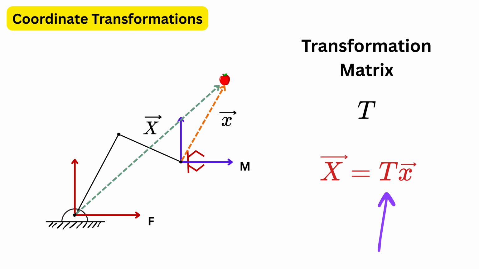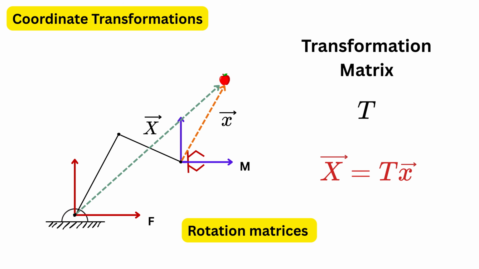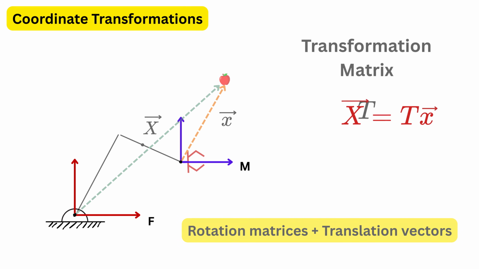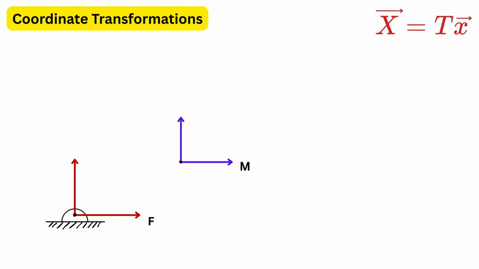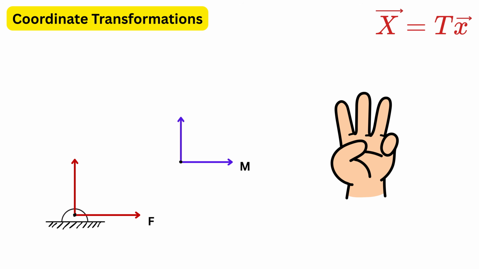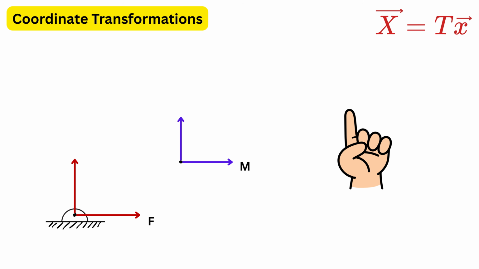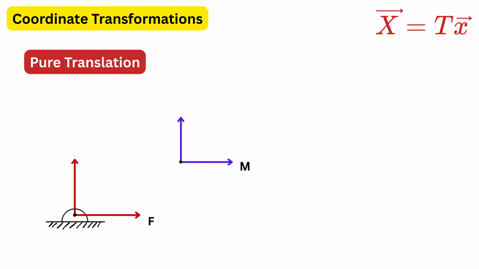In practice, T is usually built using rotation matrices and translation vectors, and we'll now look at how exactly this matrix is constructed. For coordinate transformation, we have 3 different possibilities. The first possibility is pure translation, where the moving frame M shifts its position relative to the fixed frame F, but does not rotate. Assume this is our fixed frame, and this is our moving frame.